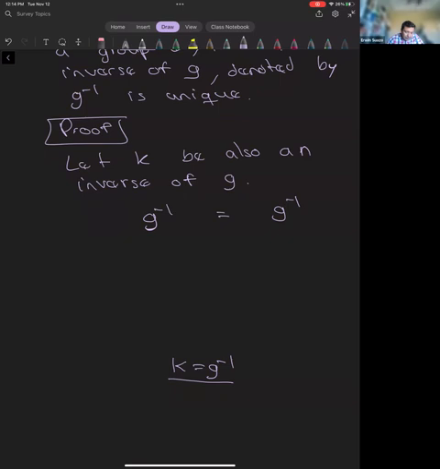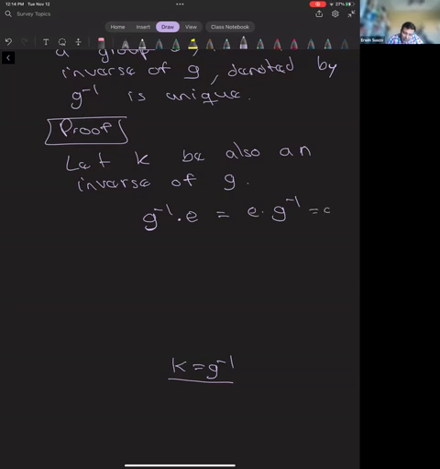But then we're going to do the identity: G inverse times the identity on this side, and G inverse times the identity on this side.